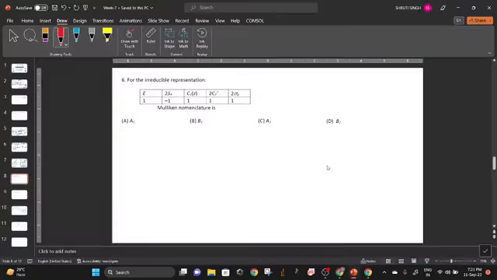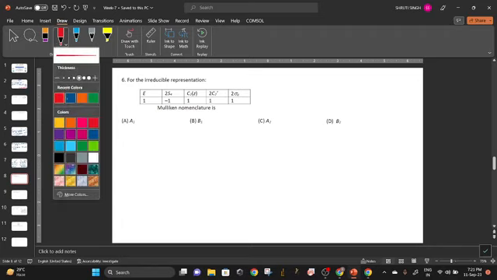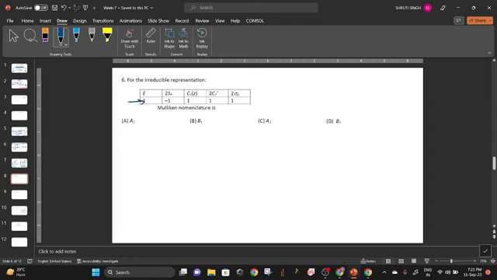Okay. So for the irreducible representation, we have been given an irreducible representation, the Mulliken nomenclature. So we see that this is one-dimensional because the character under E is 1. Okay, so for a one-dimensional representation, the Mulliken symbol starts with either A or B. Now which will decide whether it's A or B will be the principal axis.